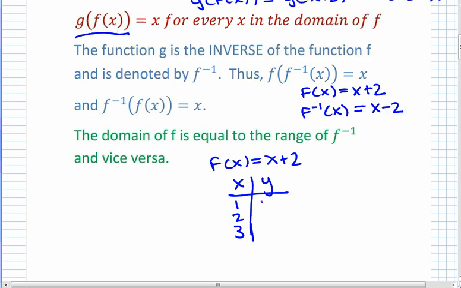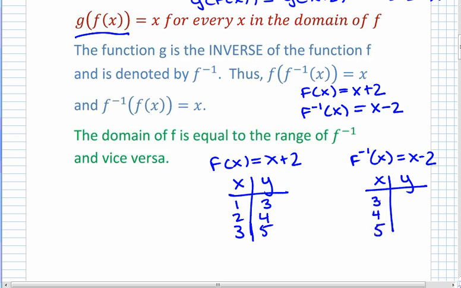So 1 plus 2 is 3, 2 plus 2 is 4, 3 plus 2 is 5. Notice if we made a table for the inverse, let's say we put in 3, 4, and 5, 3 minus 2 is 1, 4 minus 2 is 2, 5 minus 2 is 3.